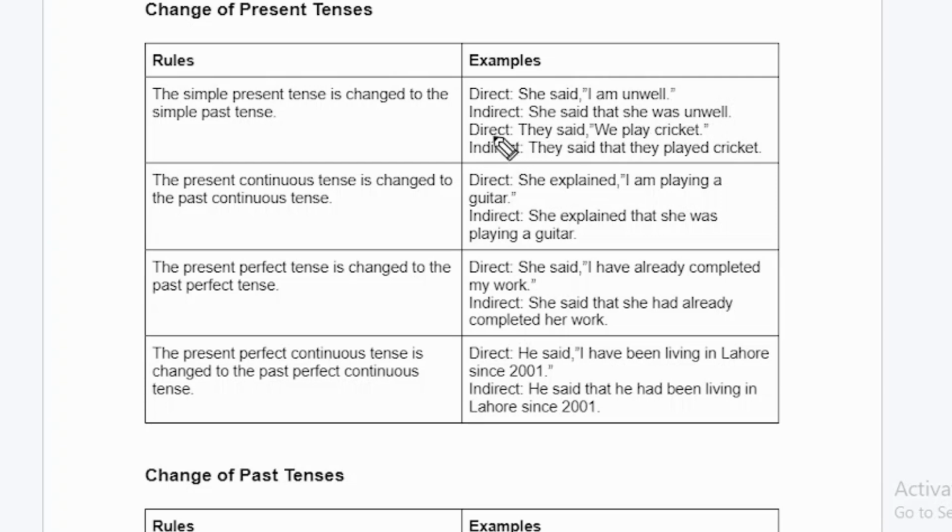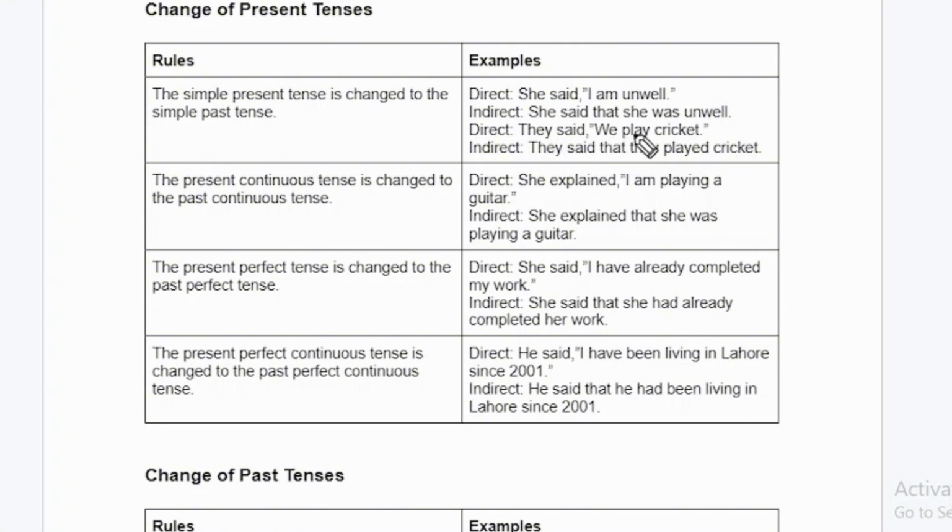Now see the next direct: they said, "We play cricket." That is present, and in the indirect, they said that they played cricket.